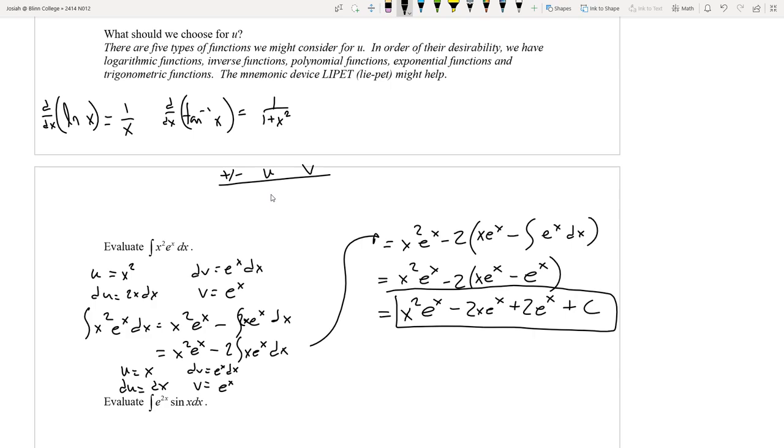Put in your u here, put your v in here, and just go ahead and take derivatives in this column, and then take some integrals in this column.